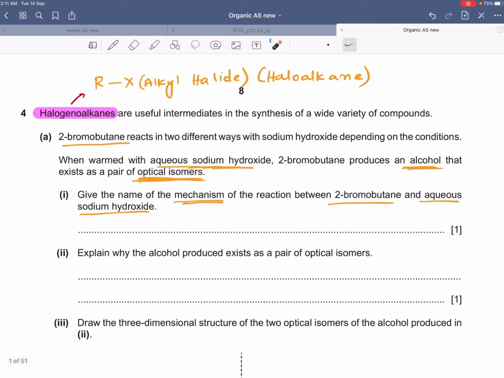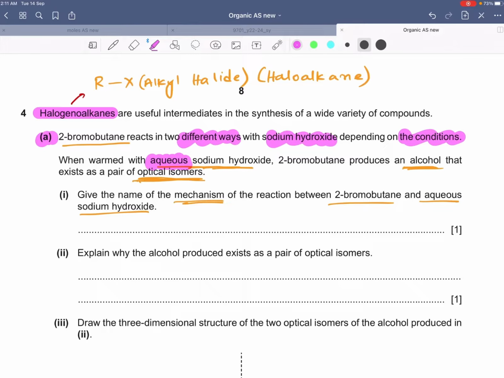So this is important: when an alkyl halide or halogenoalkane reacts with sodium hydroxide in aqueous medium, this is what they have told us in the second line, that 2-bromobutane reacts in two different ways with sodium hydroxide depending on the condition.